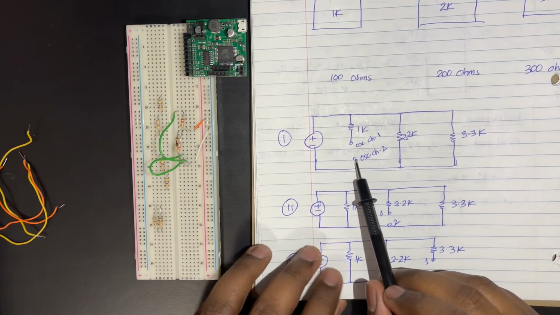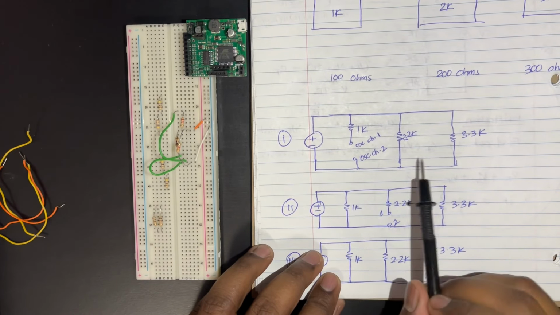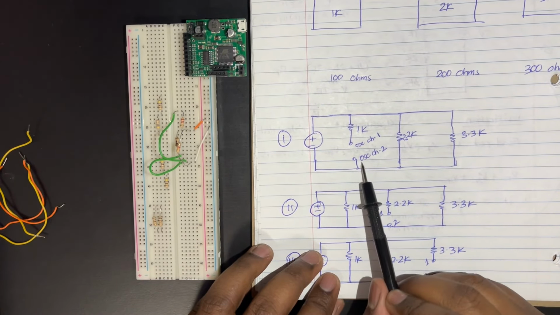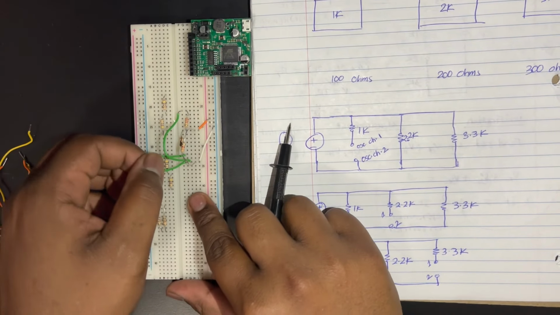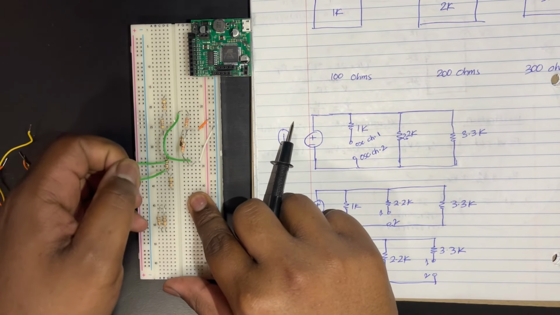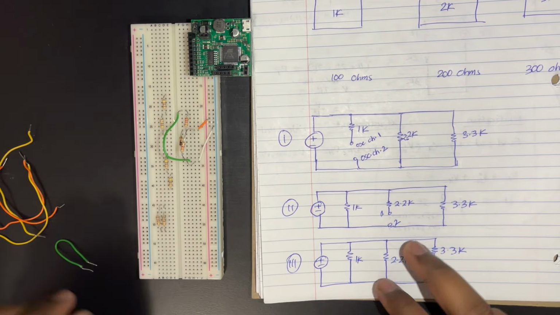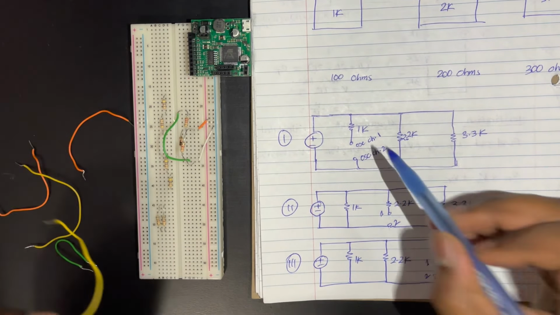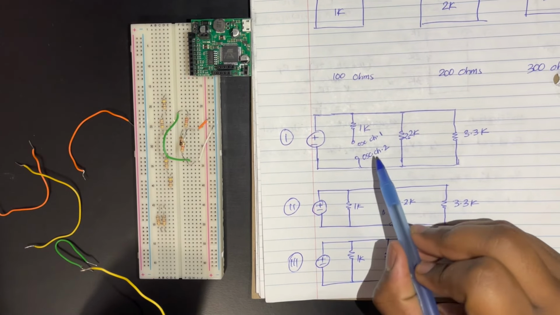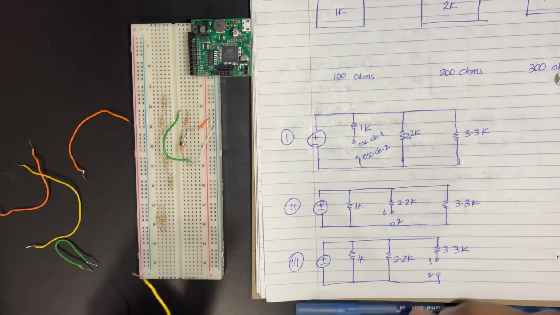So now I have to make a discontinuity over here. That means these two will stay connected. I'll just disconnect this one, which is over here for my circuit. Now that portion will go to oscilloscope channel 1, and this portion will go to oscilloscope channel 2, the duplicate channel.